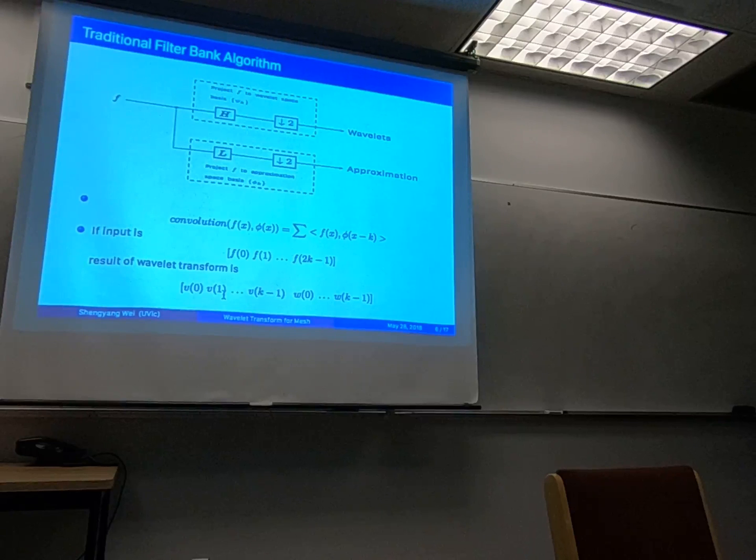The filtering operation of the convolution is just a sum of the inner product of the input function and the shifted scaling functions. So the input is a sequence of size 2k, and the result of the wavelet transform is the approximation part and the wavelet coefficients.